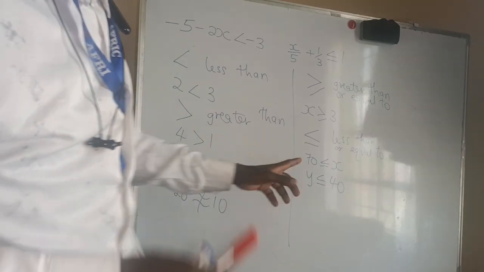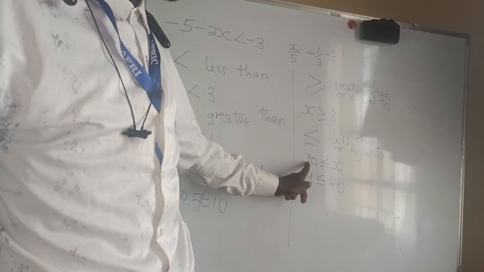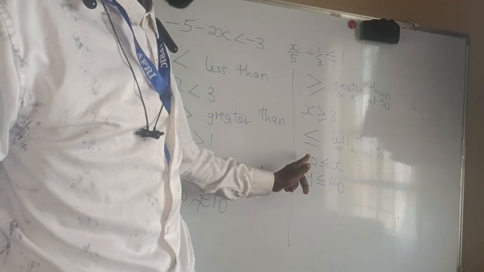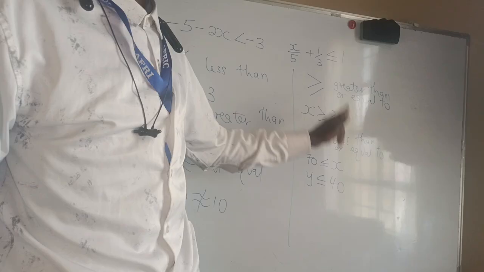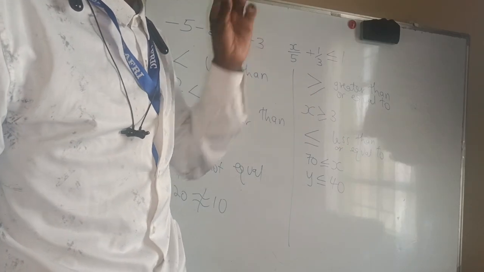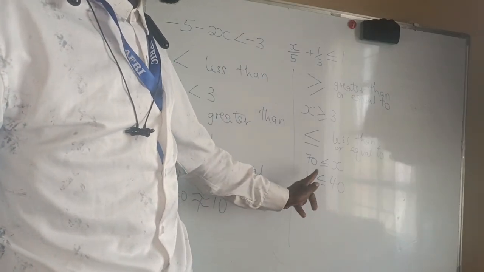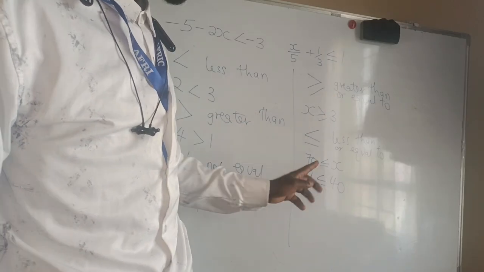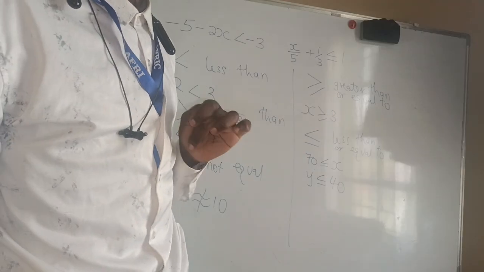This means the value of x can either be 70 or more than 70, because 70 is either less than x or equal to x. For y, the values can either be 40 or less than 40.